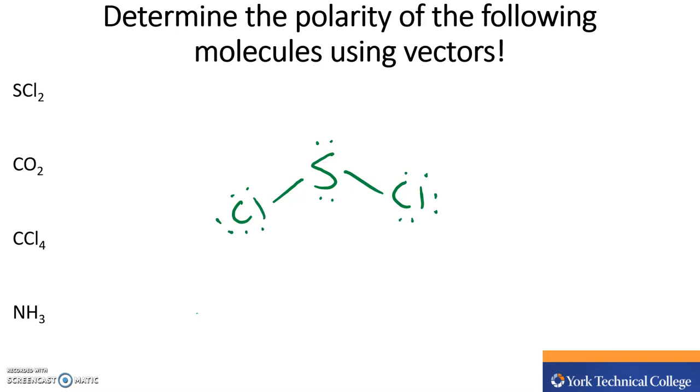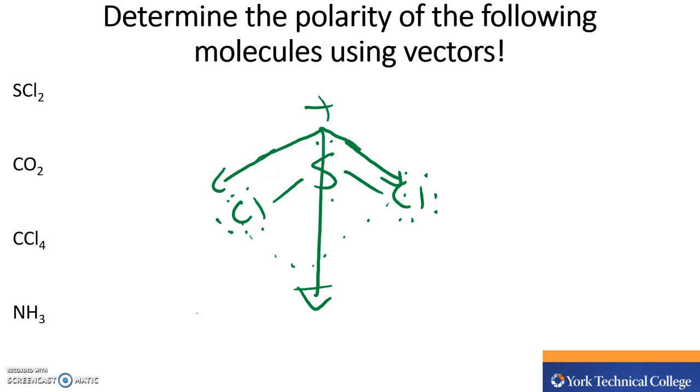Sulfur is not as electronegative as chlorine, so the vectors will point here and here. This is the same as the last example. Since the vectors are pointing this way, we can add these vectors together to form a big vector like that. So this molecule is polar.